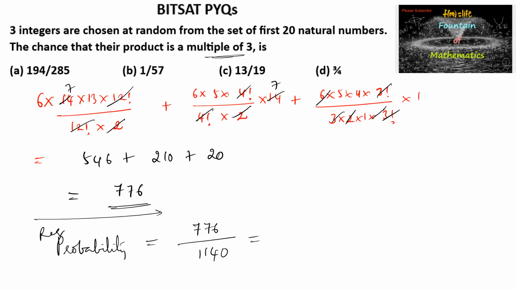So here we can cancel by 4. 4 ones are 4, 4 nines are 36, and again 4 fours, so 194, and here 4 twos, and 4 eights are 32, and again 4 fives, so 194 upon 285. So which is option A? Option A is the answer.